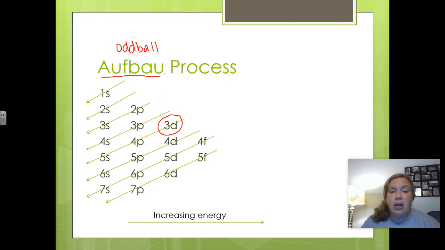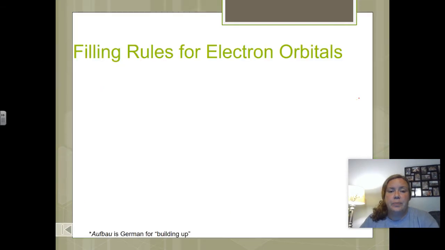And again, the Aufbau process is we fill lower energy orbitals first, and then work our way up to higher energy levels. Sorry, my writing's not amazing on here, but it's okay.